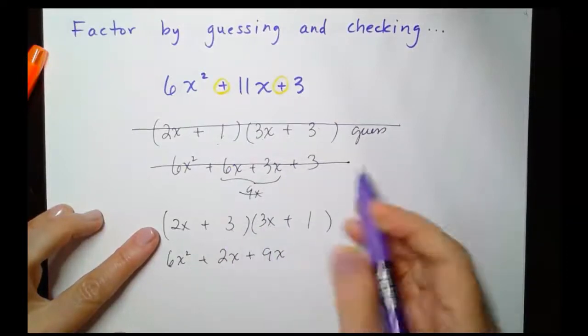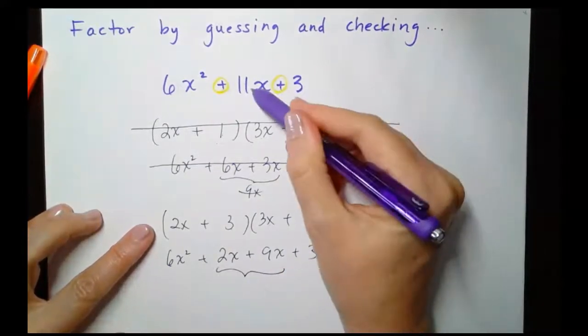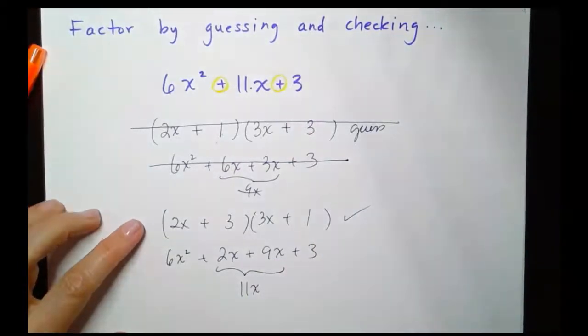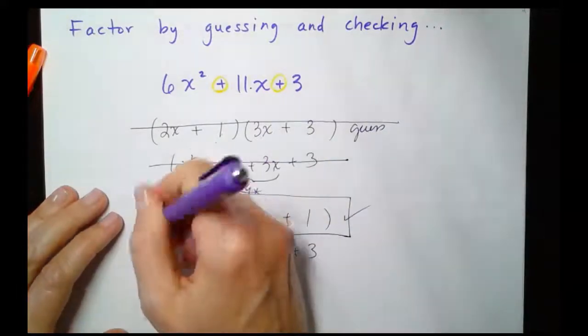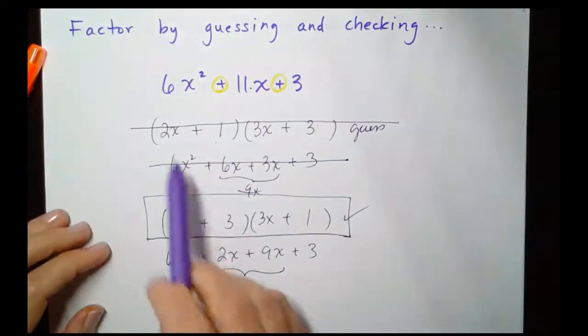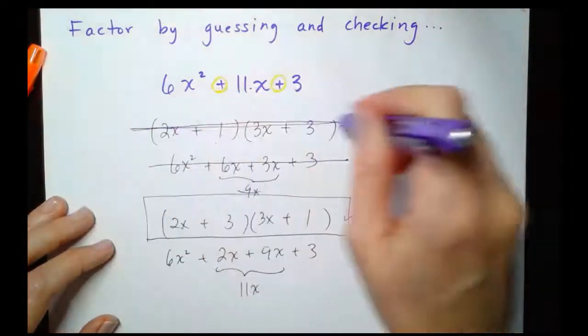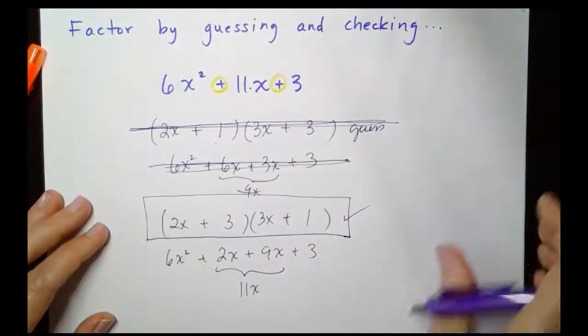Last sides, 3 times 1, plus 3. Our middle terms, do they add up to 11x? Yes. Our guess is verified by our check. That is our answer. Don't be concerned about getting one wrong. Don't worry about erasing it. Just neatly put a line through it and move on to the next line on the paper.